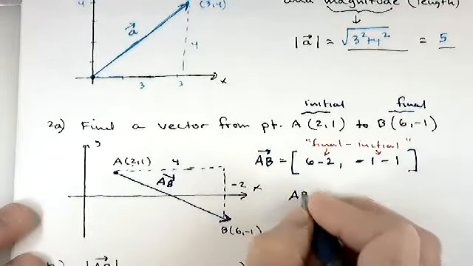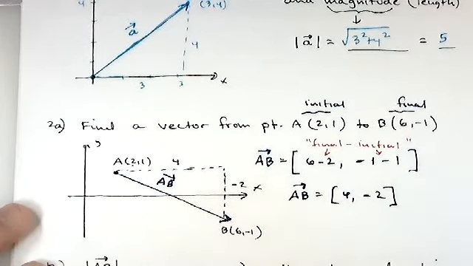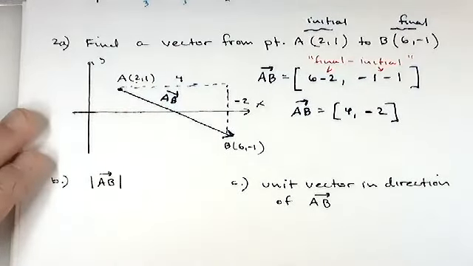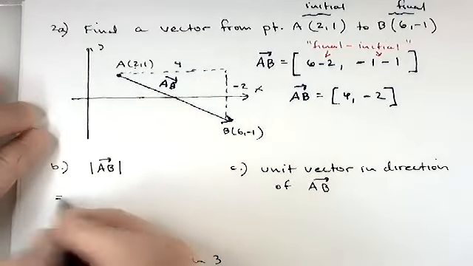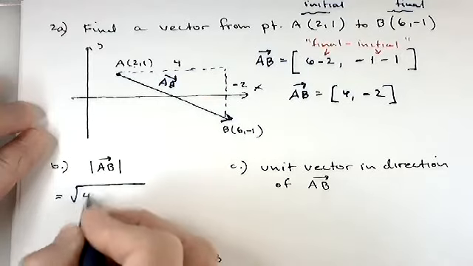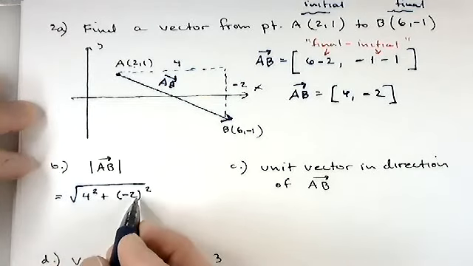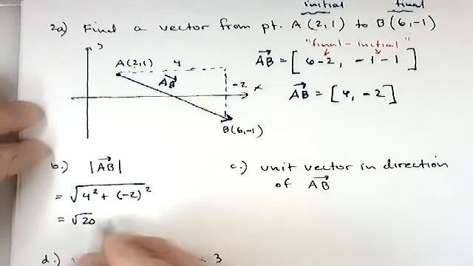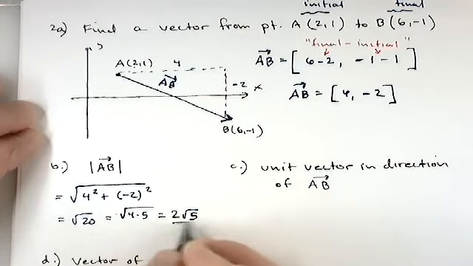So vector AB would be <4, -2>. Let's find the magnitude of AB. Magnitude's just the Pythagorean theorem. That's 16 plus 4, so I end up getting root 20. Since 20 is really 4 times 5, the 4 can come out as a 2, so it's 2 root 5.